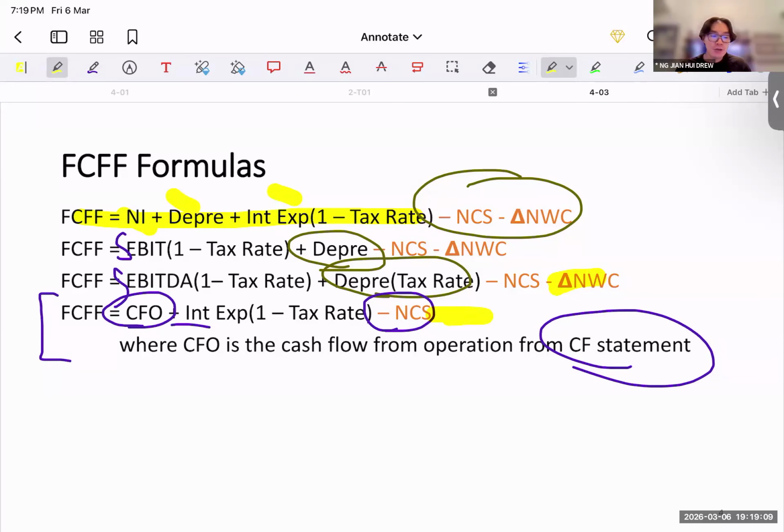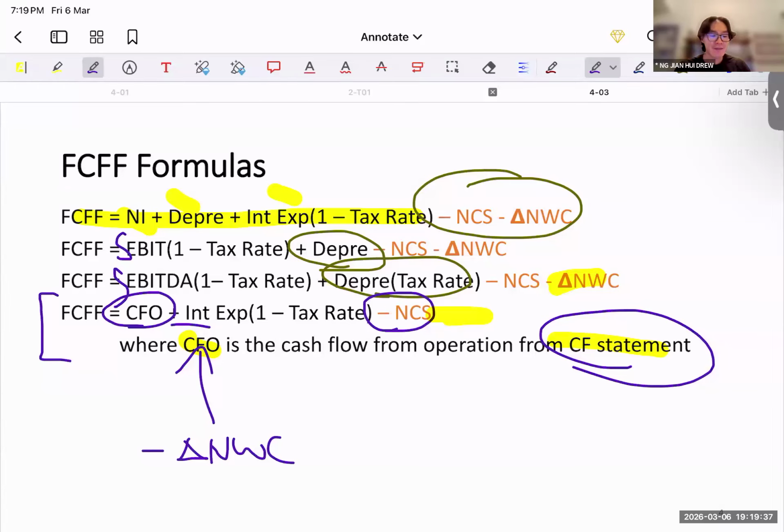So if you go to the cash flow statement in any company, look at how they calculate cash flow from operations, or CFO. You'll notice that in the CFO, it has already minused net change in working capital.